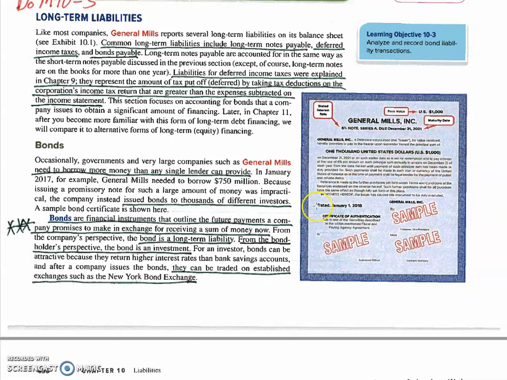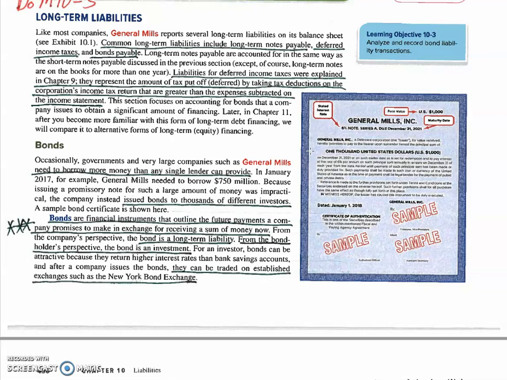Semi-annually, I think it's saying there, which means they would make 2 interest payments a year. Each one would be half of that 6%. So a $1,000 bond at 6% would be $60. So they're paying $30 twice a year, probably June 30th and December 31st.